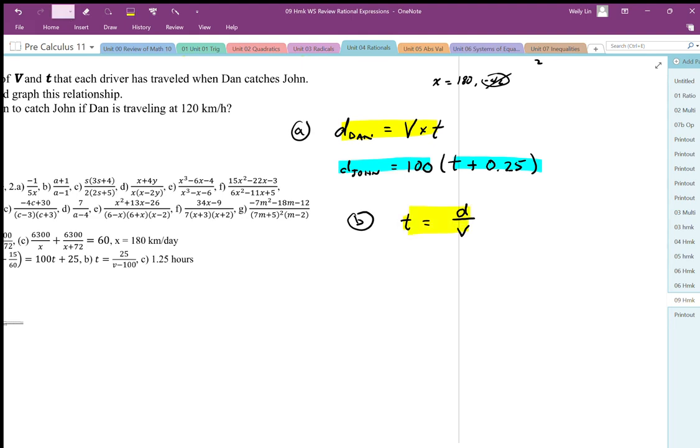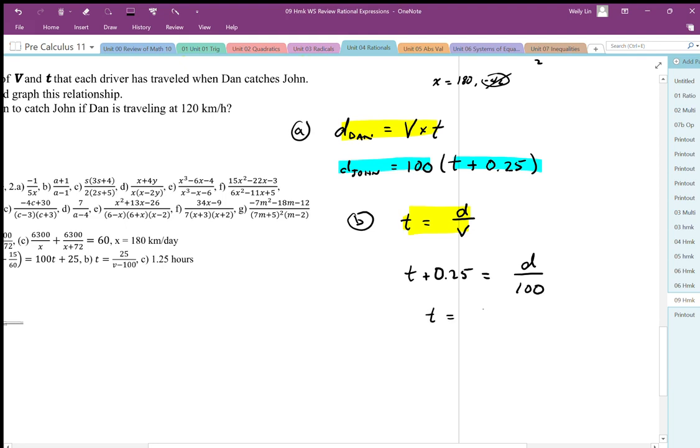Now there's too many variables to graph here, so we're going to have to write one for John. So the time plus 0.25 is equal to the distance divided by the velocity for John, which is 100, and then we can solve for t.